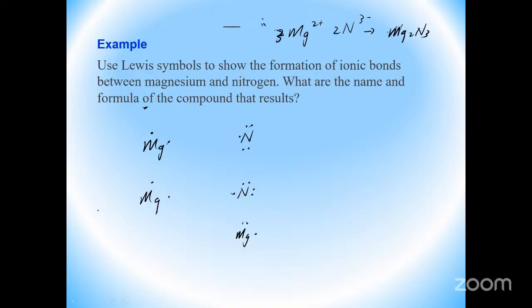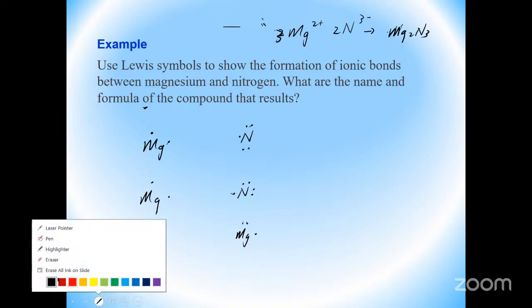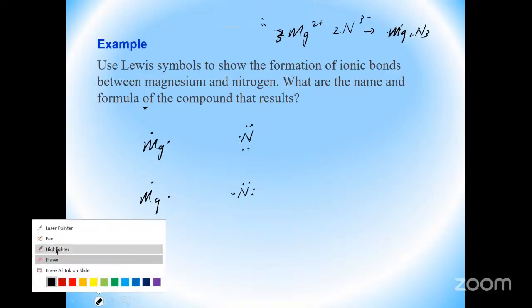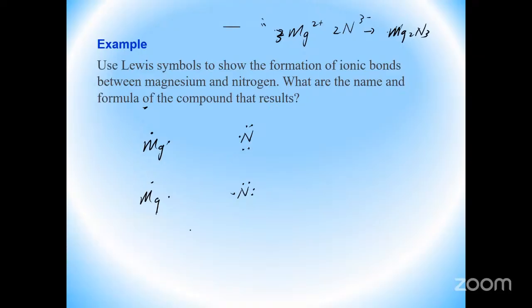Why did I put Mg? Should have nitrogen. Okay, so this is nitrogen with 5 valence electrons. All right.